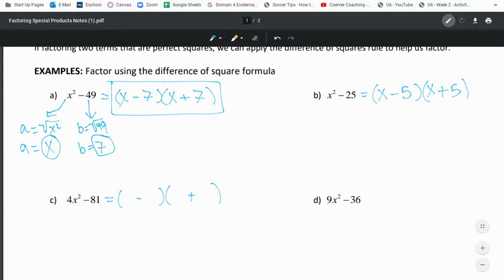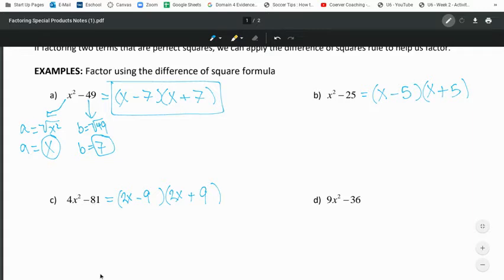So that has to be 2x, and they're going to be the exact same value. 2x times 2x gives me 4x squared. Check. Then I know this last number times the last number is going to get me to 81, and again, it should be the exact same number. So that's going to be 9 and 9. Negative 9 times positive 9 gives me negative 81.